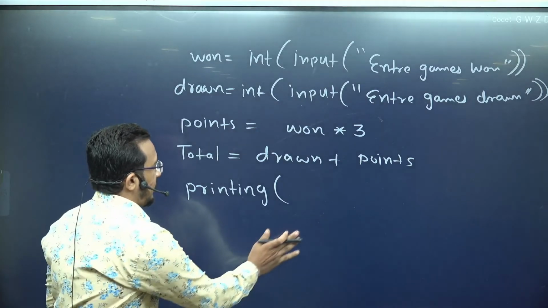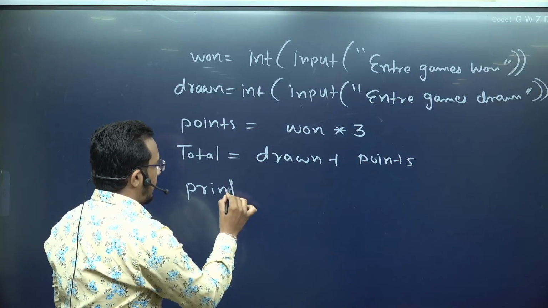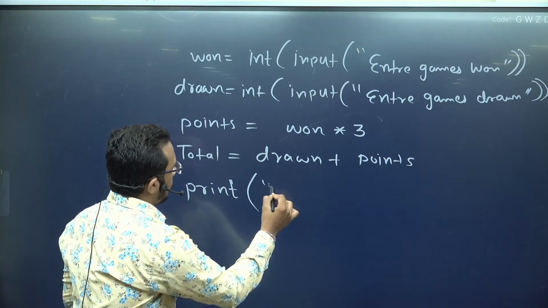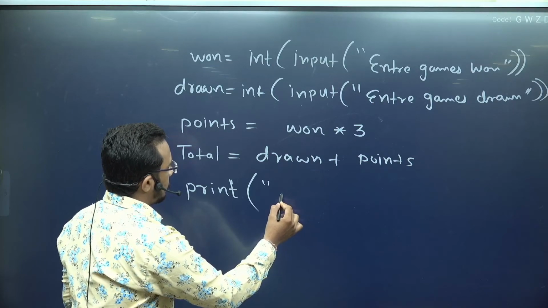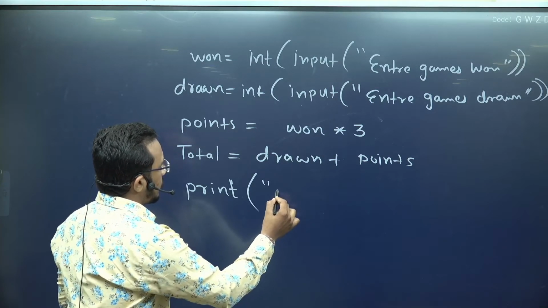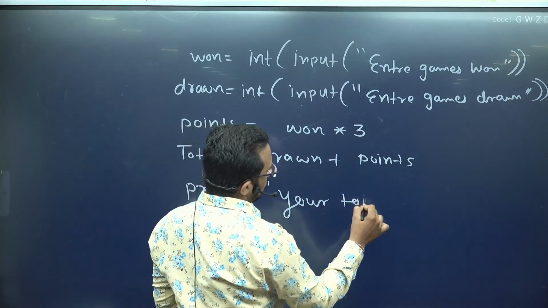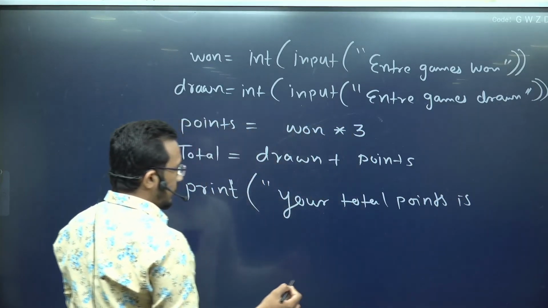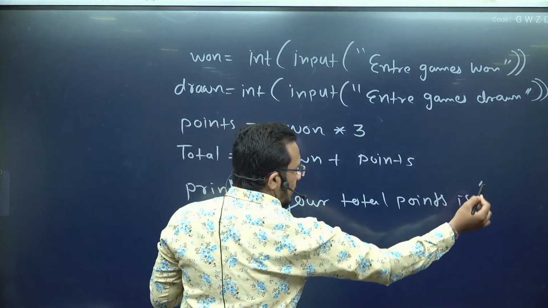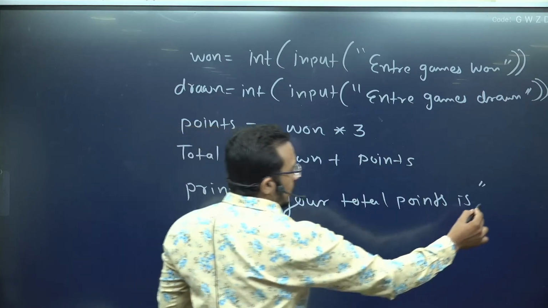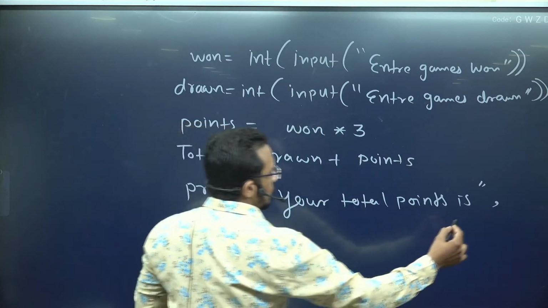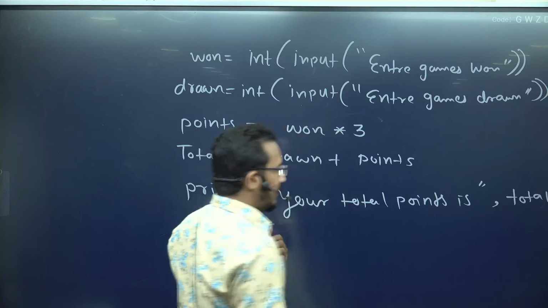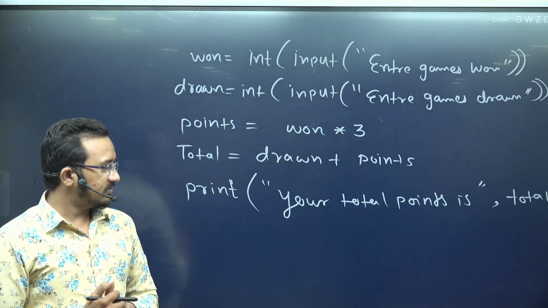Then bracket, speech marks: your total points is, then speech marks, comma, total, and then bracket. Correct?